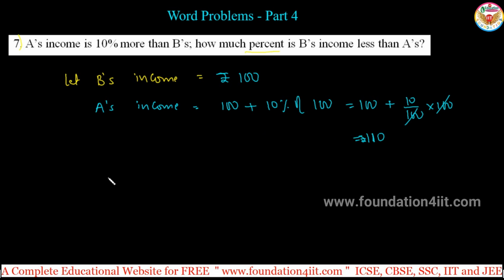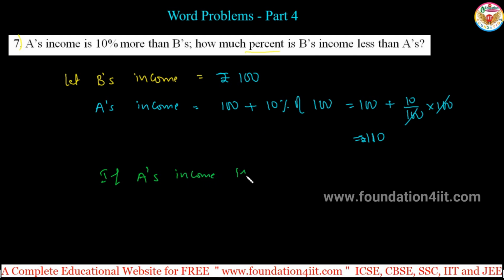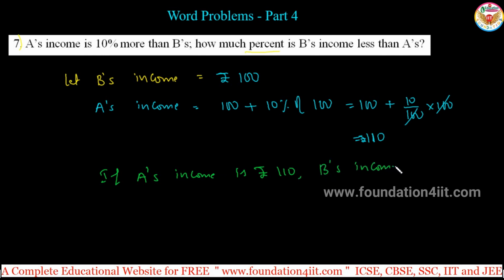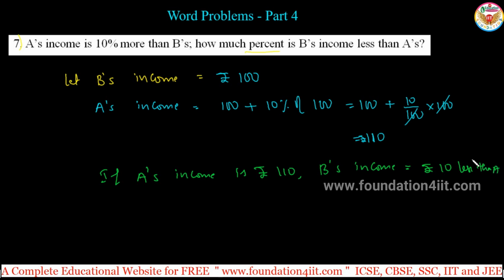According to this, if A's income is rupees 110, then B's income is how much less? 10 rupees less than A, up to here as per this condition. Because 100 and 110, no? So B's income is 10 rupees less than A's.